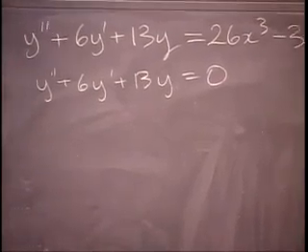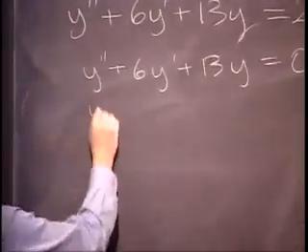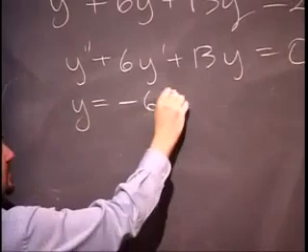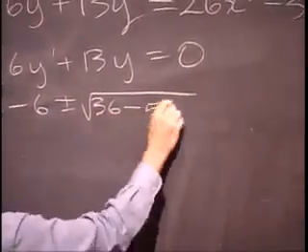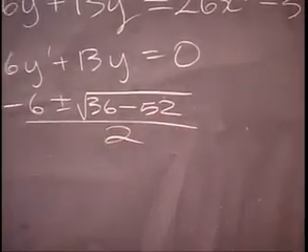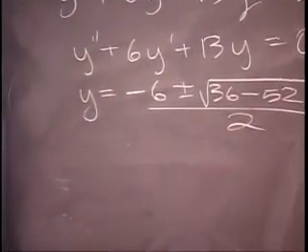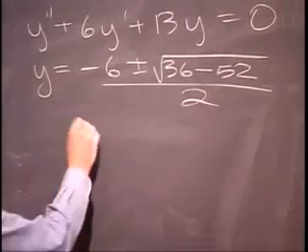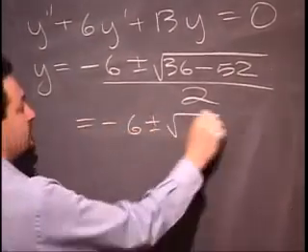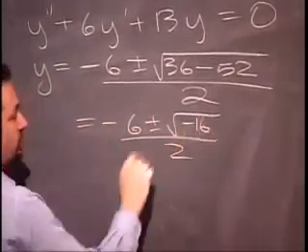So here goes. This has solution y is minus b plus or minus the square root of b squared minus 4ac. 36 minus 52 is minus 16. The square root of minus 16 is 4i.